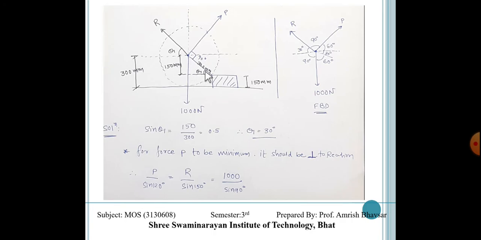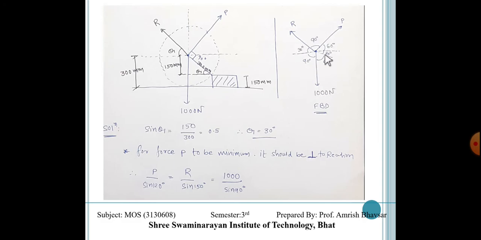So if we find this angle theta 1, then we can calculate all the things. So theta 1 is equal to 30 degree. So here it is 30 degree. This is our 90 degree, right? So it is 60 degree. Again this is 60 degree and this is 90 degree.